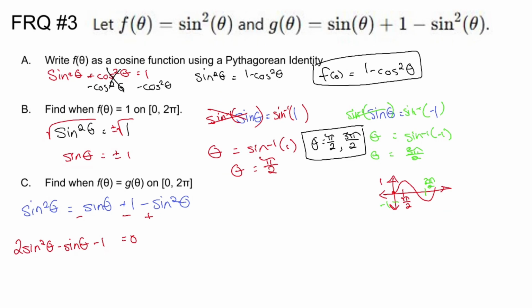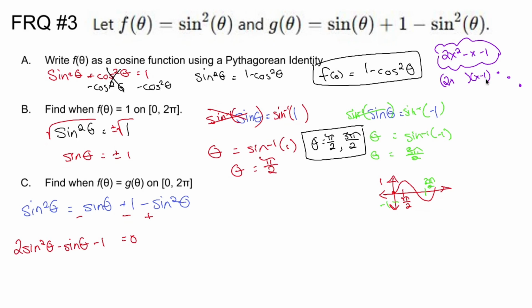So in my mind, a little thought bubble: I don't like all that sine stuff. So why don't I pretend that it looks like 2x squared minus x minus 1 and then factor that out. That would be a really good idea. That would factor out to 2x and x.